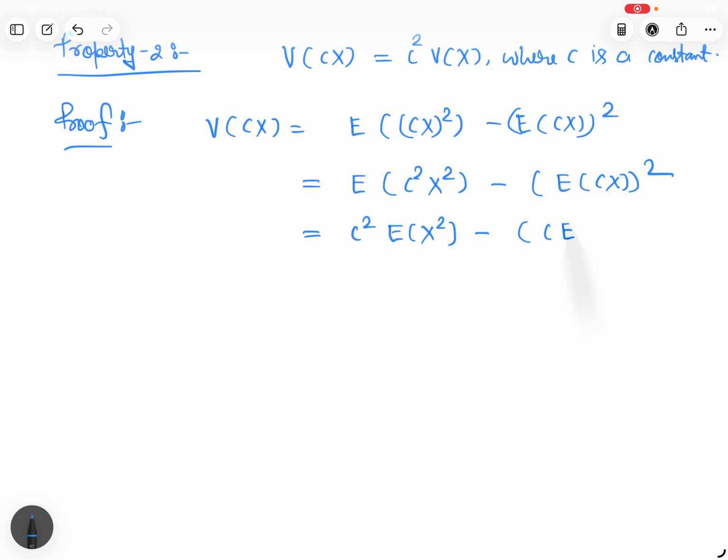This is C E x, whole square. Now C square E of x square minus C square (E x) square. So C square will come out.